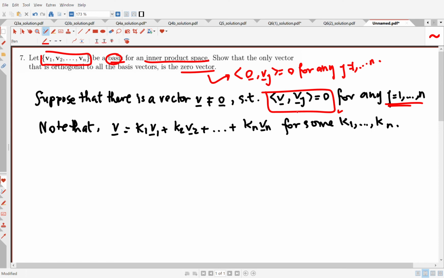But if we take the inner product both sides with v, let's say, the left hand side, of course, will not disappear, but on the right hand side, I will have the inner product of v and v1, v and v2, and so on until v and vn, and all of them are zeros. Okay, so maybe it is better, I don't know, but we can try to take the inner product with respect to v.